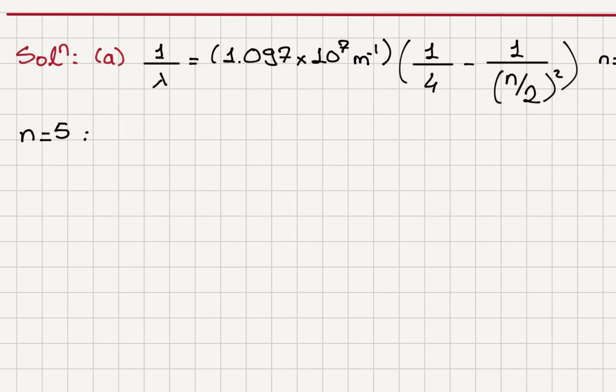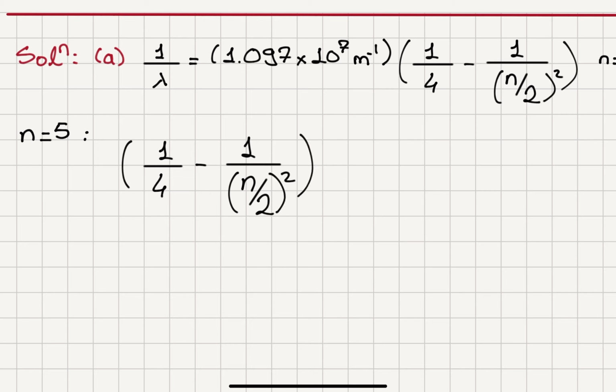For this factor here, 1 over 4 minus 1 over (n squared over 4), let's calculate this factor. I would have 1 over 4 minus 1 over (n over 2) squared.